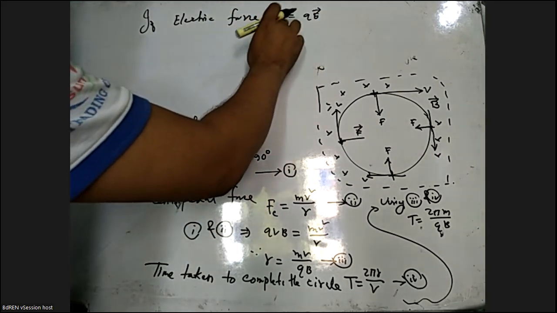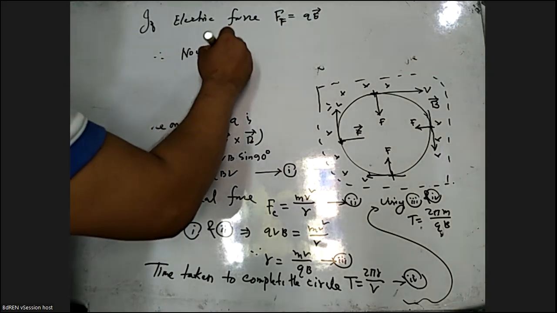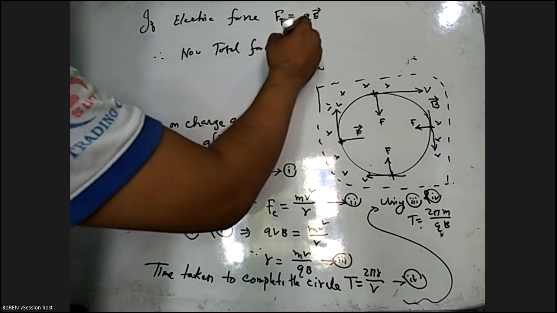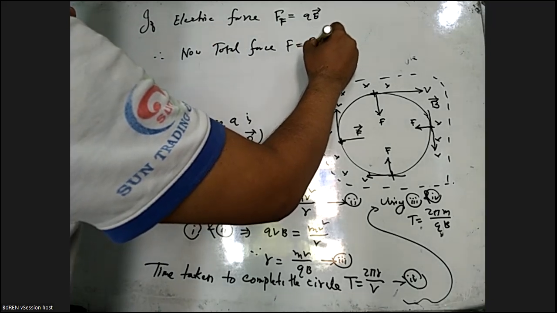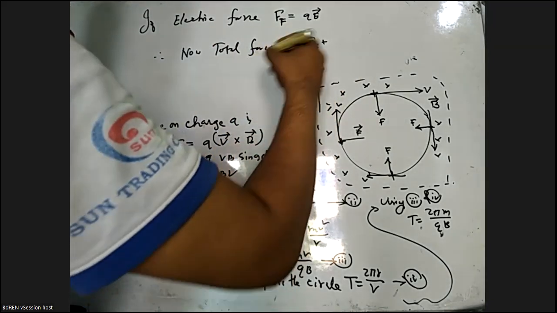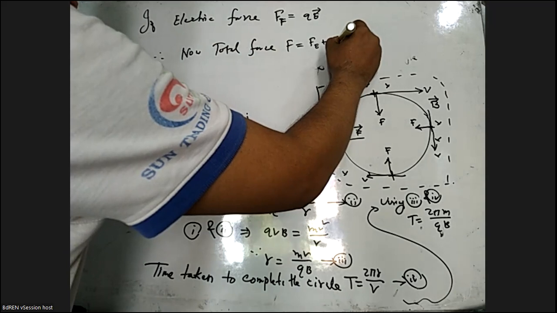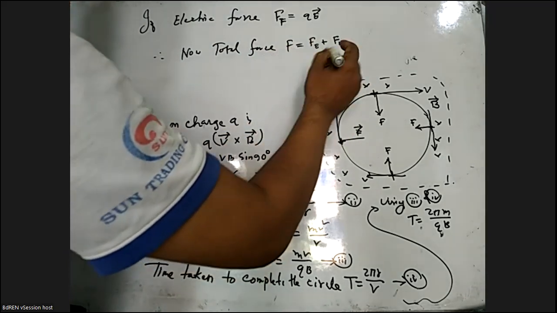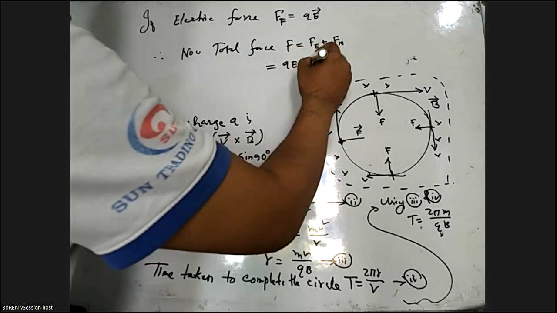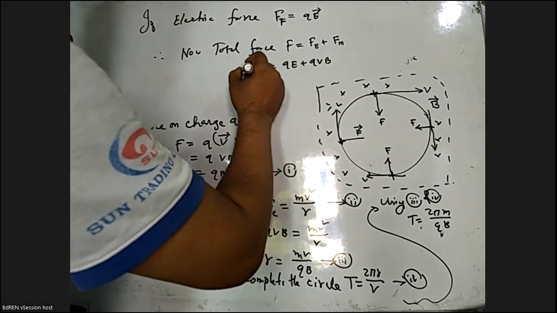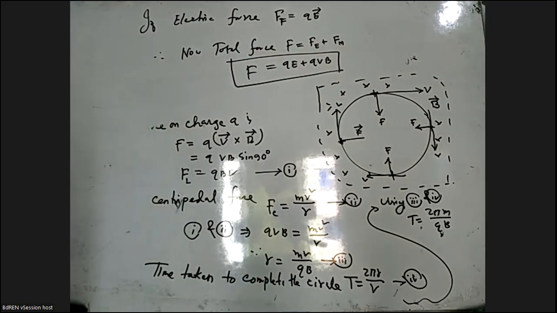So now the total force, capital F, equals electric force plus magnetic force. So this equals qE plus qvB. This is actually the Lorentz law of forces.